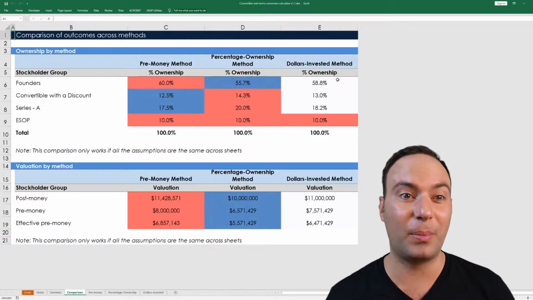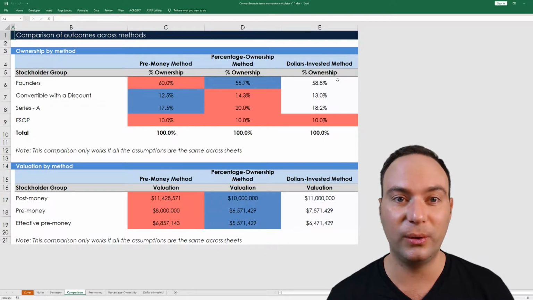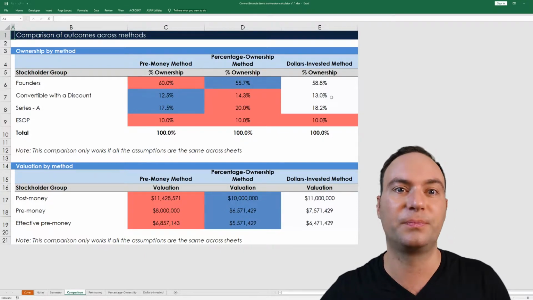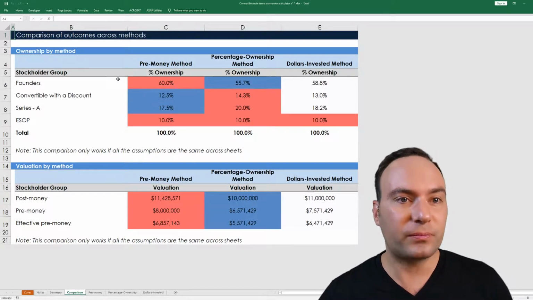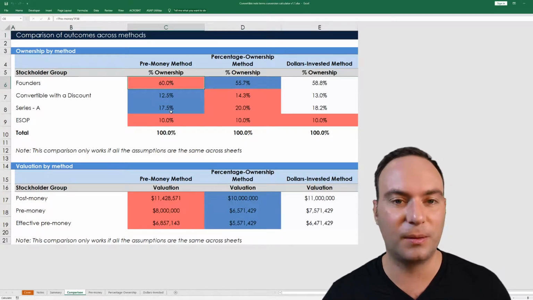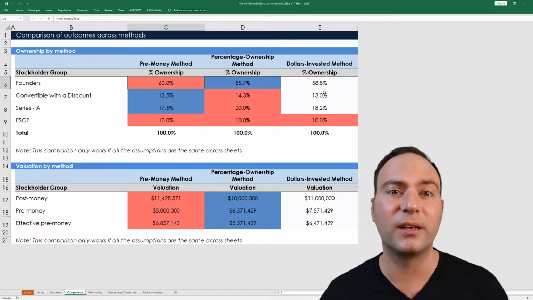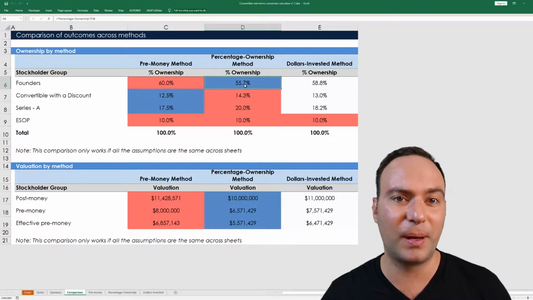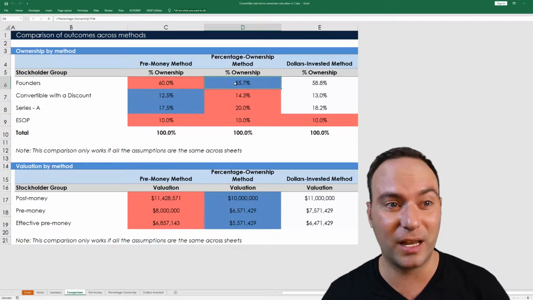Now, here we have a comparison sheet, which shows you the percentage ownership differences and the valuation differences between the three methods. For ownership, we talked about pre-money being the best. Founders, under the made up assumptions I put in, would own 60%, whereas on the percentage ownership basis, they'd only own 55.7.